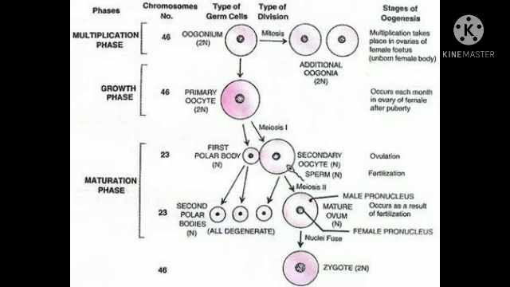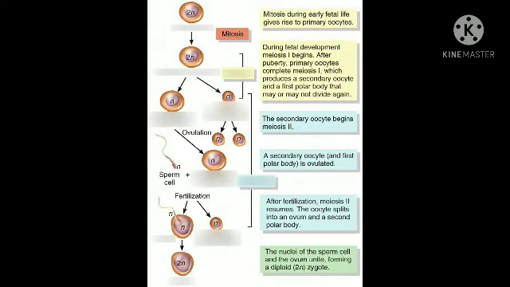Hence, oogenesis is considered a highly wasteful process in comparison with the spermatogenesis that we observed in the human male. Now come to the second diagram so that we can theoretically get an idea about the process of oogenesis. Firstly, the oogonium undergoes mitosis during early fetal life, when we are in the mother's womb, to give rise to the primary oocyte.